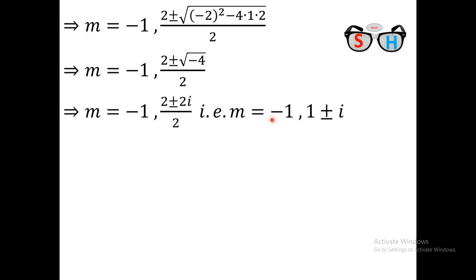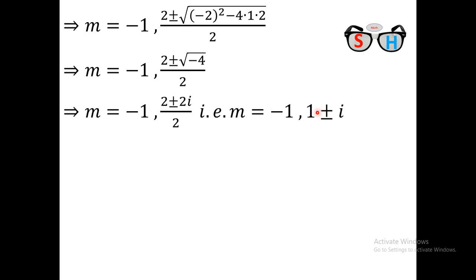You see that for m equal to minus 1, the corresponding complementary function will be c1 into e to the power minus 1x, that is c1 e to the power minus x, and there is a complex conjugate, say alpha plus minus i beta. You know that if the roots are alpha plus minus i beta, the corresponding solution is e to the power alpha x into c2 cos beta x plus c3 sin beta x. Here alpha is 1 and beta is also 1.